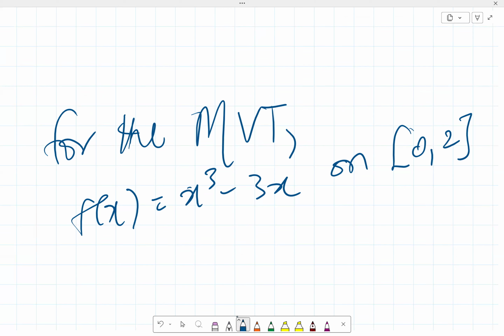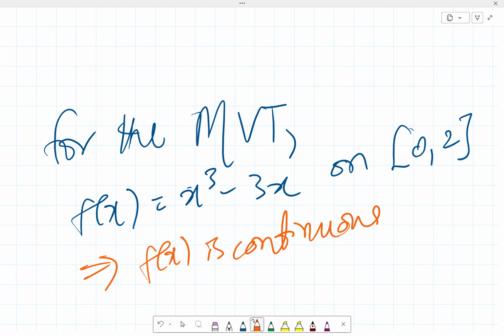If you evaluate at 0, we get 0. If you evaluate at, say, 1, we get 1 minus 3, that's -2. If you evaluate at 2, we get 6. If you also take the limit, you get the same thing. So we can already see by inspection that f of x is continuous on the closed interval 0, 2.